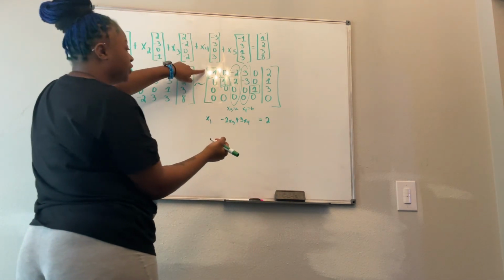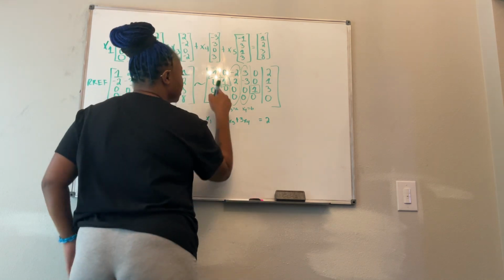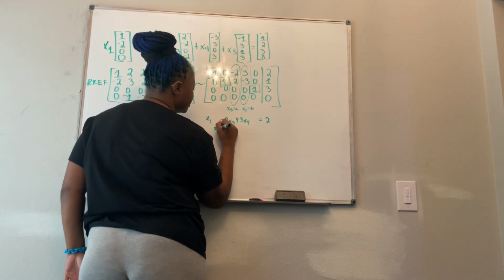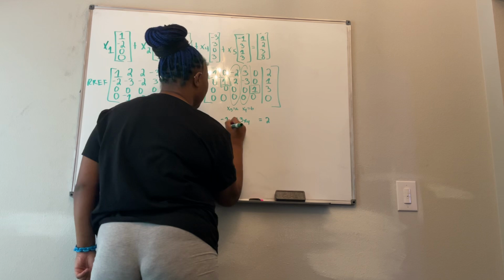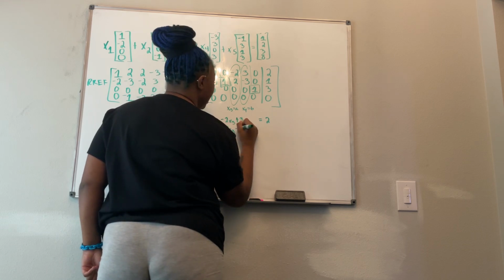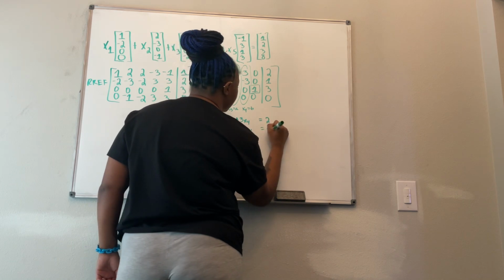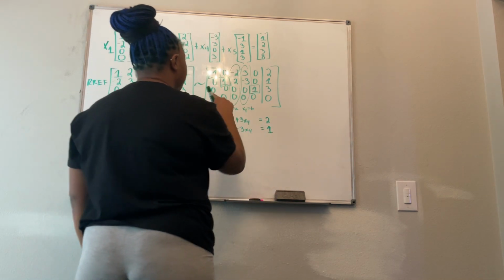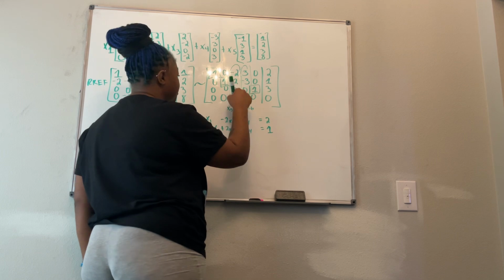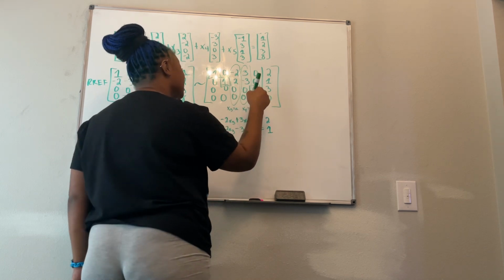Now I'm just going to do that for the next 2 rows. So I have 0 x1, 1 x2, +2 x3, -3 x4, no x5s, and it equals 1. In our third row, we have 0 x1, 0 x2, 0 x3, 0 x4, but our x5 equals 3.